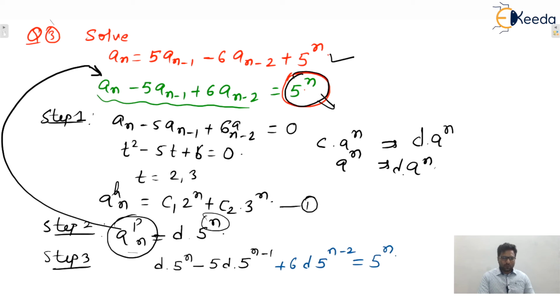Here, what is the procedure when there is a power function? The lowest power is 5 raised to power n minus 2, so divide the entire equation by 5 raised to power n minus 2, then it will be easy to simplify, isn't it?